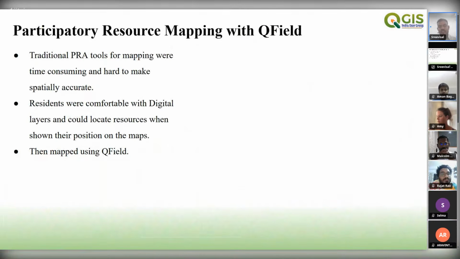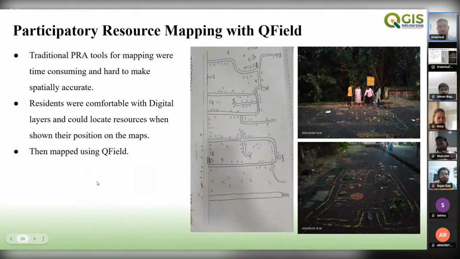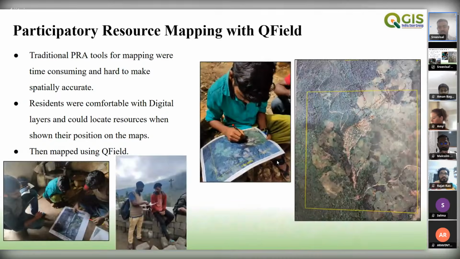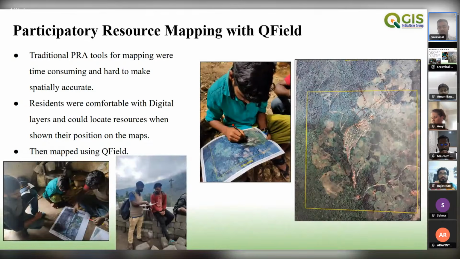And for resource mapping, we used the PRA method, participatory rural appraisal. Traditional PRA tools for mapping were very time consuming, and it was very difficult to make them spatially accurate, like we will get only this. So instead, from QGIS itself, we exported the base map and printed it on A3 sheets, and gave it to the residents.